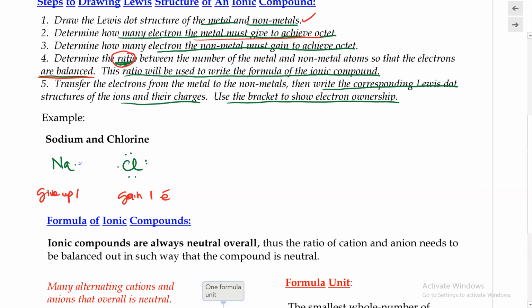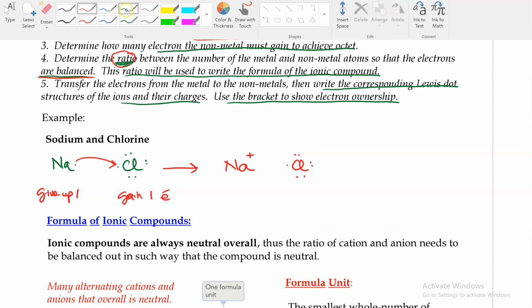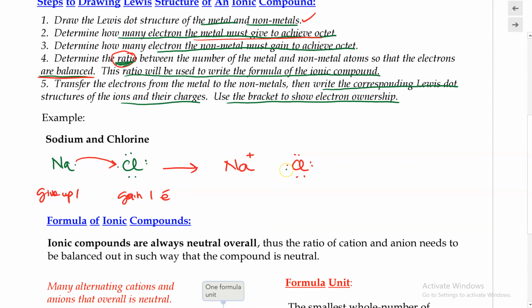Now with the next step, we will transfer the electron from the sodium to the chlorine. The resultant structure would then be sodium, and now without any valence electron, it becomes positive. As for the chlorine, it will now have 8 valence electrons, and notice one of them is the extra electron it gained from the sodium.